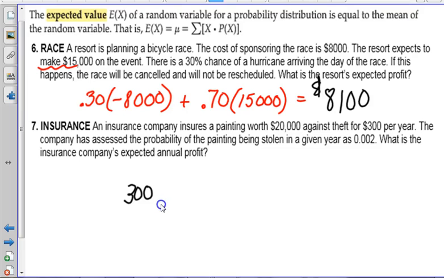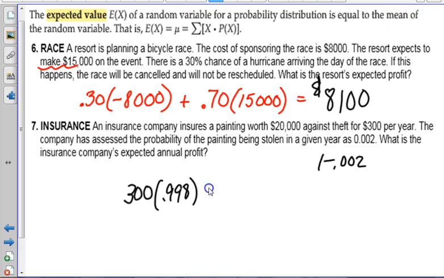Every year. But what is our probability that we don't have to pay out? This is the probability that's stolen and we have to pay it out, right? 1 minus is 0.998. So 99.8% of the time, we just get $300 from these people and we're in the clear.